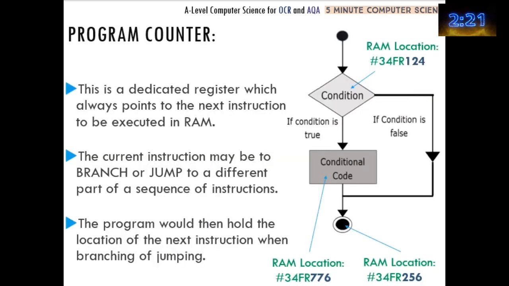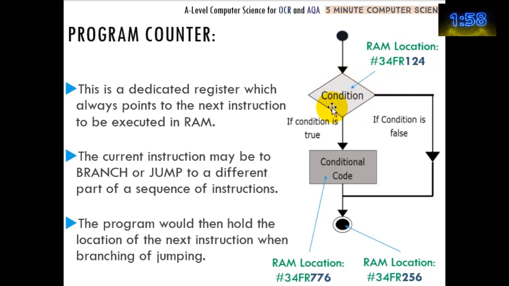Another concept you need to understand is the program counter. Now the program counter's job is simply to say, well, what data is currently being executed and what's next? What's the next bit of code that the CPU is going to need? So you'll notice here we've got a condition somewhere in any kind of language, which say is stored in slot 124 in memory. Well, the condition might be an if, else, then statement.